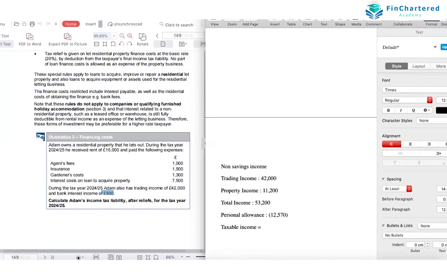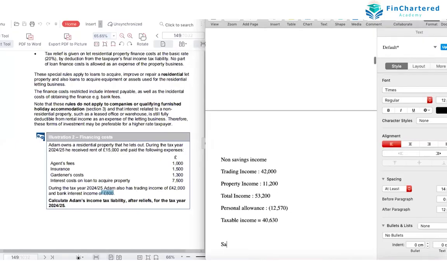Quickly, I need answers fast. Chirag, Sneha, 40,630. Very good. Once you have 40,630, that's your taxable non-savings income.